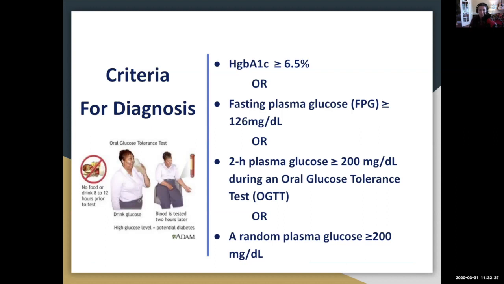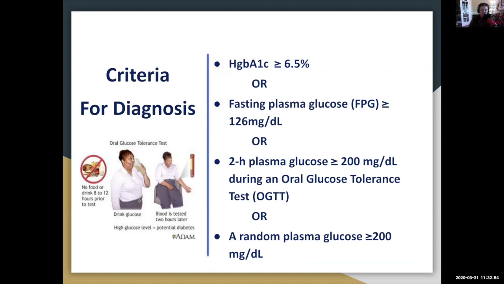6.5, we're diabetic. Or your doctor may have checked blood sugar from the vein first thing in the morning, and if that is higher than 126, that counts as diabetes. Remember how we talked about in metabolic syndrome, you're not quite there yet. You're not at diabetes yet. Your fasting blood sugar is 110 to 125.